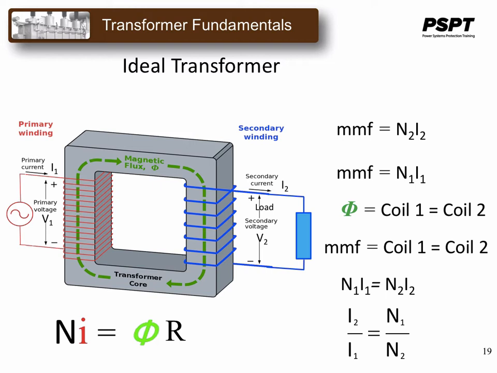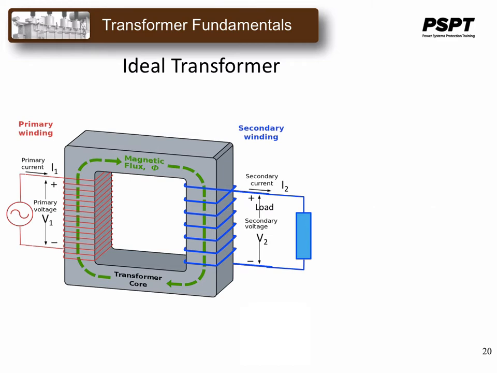Remember now from previous discussions that the voltage ratio of the primary to the secondary is given by the turns ratio, which is N1 over N2, which is just the inverse of how the currents are related. The power dissipated in the secondary load is given by the equation V2 times I2.